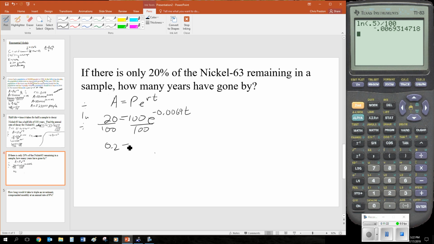So 0.2 equals e to the negative 0.0069 t. Do the natural log of both sides. Natural log and e will cancel each other out, giving you negative 0.0069 t, and then divide both sides by that.